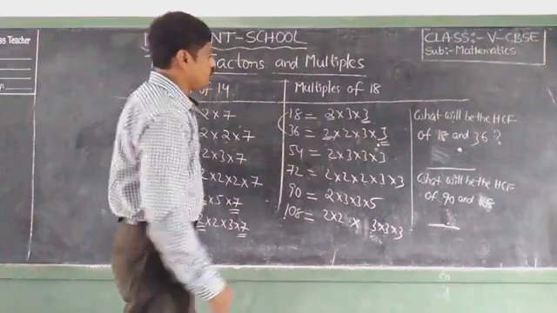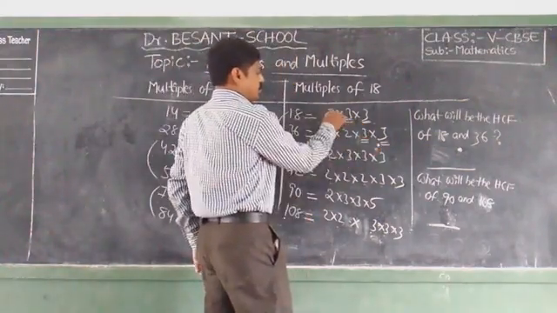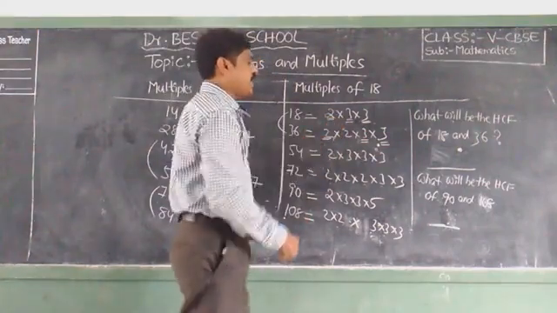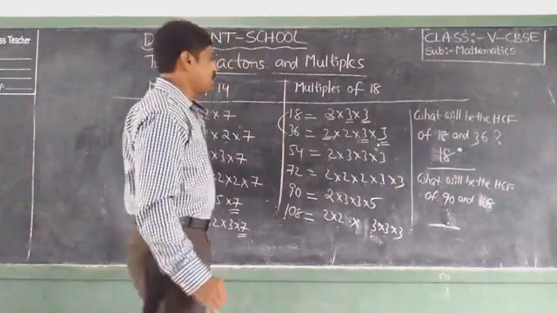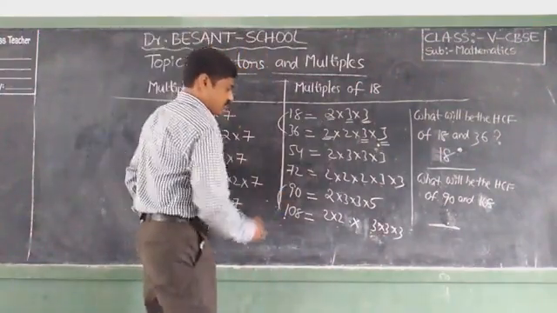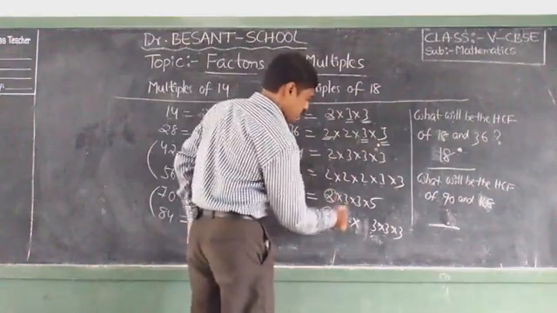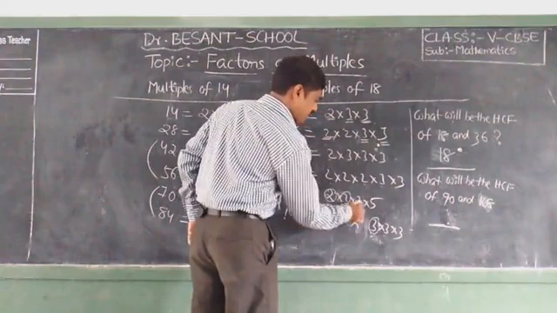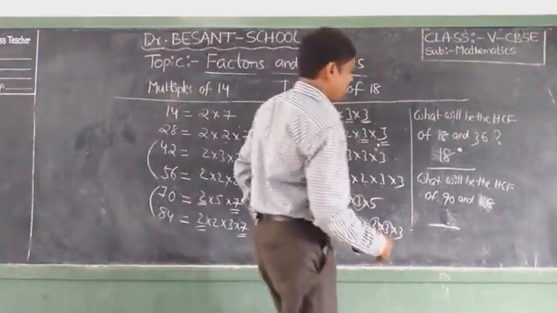Next, one more 3. So 2 into 3 into 3, the highest common factor is 18. Next, 90 and 108. This 2, 2. Next, 3, 3. The highest common factor is 18.